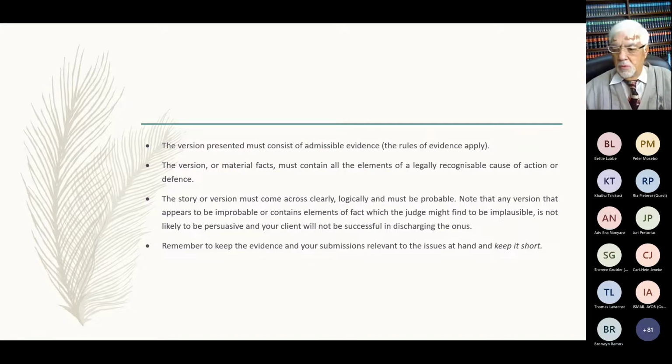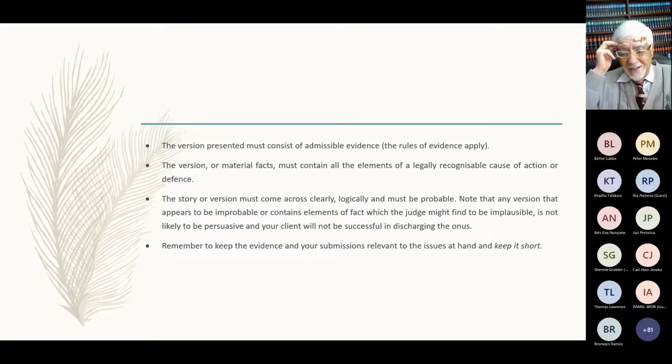So the witness testifies. What the witness is doing is presenting the material facts to the judge. They must be relevant to the issue, to an issue. The version itself must come across logically. It must be probable. That is why we say present it in a sequence. Any version that appears to be improbable or contains elements of fact which the judge finds implausible is not persuasive.